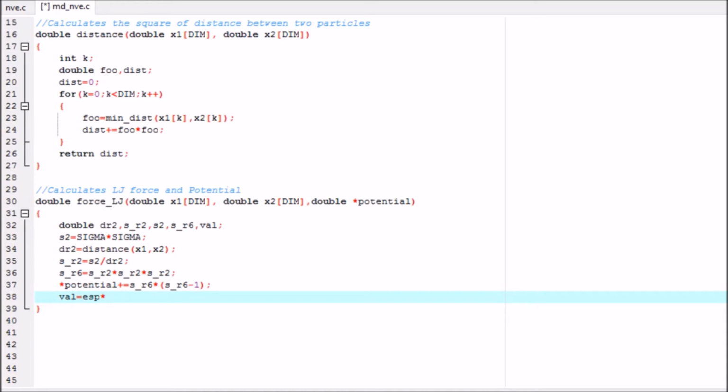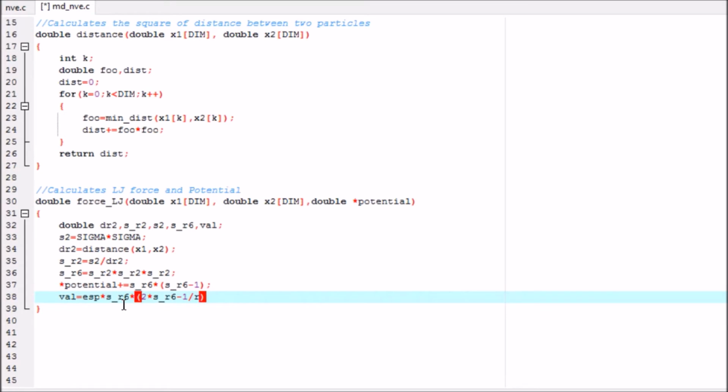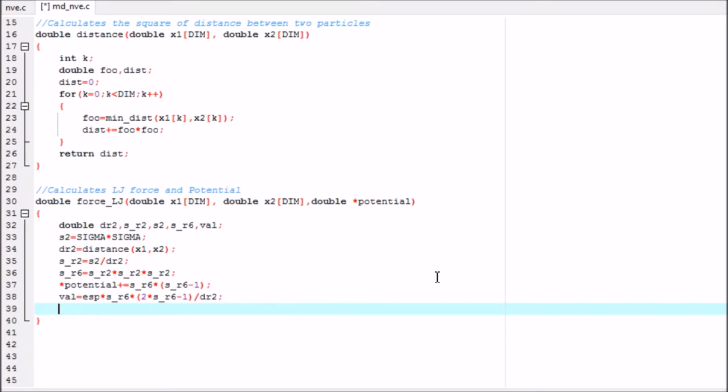So we would store the value of 24 epsilon by mass in ESP as a global variable, and then to this we would have to multiply sigma by r per 6 into 2 times of sigma by r per 6 minus 1, and divided by r, sorry, divided by r square. So this would be the force or the acceleration in this case which I would be requiring. So we'll just return this value.